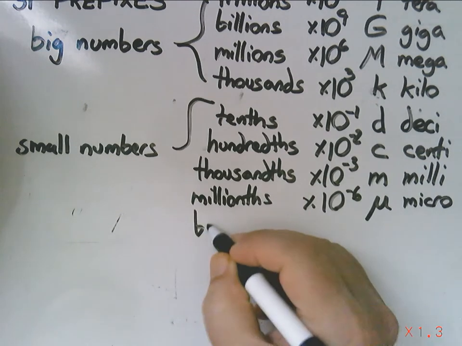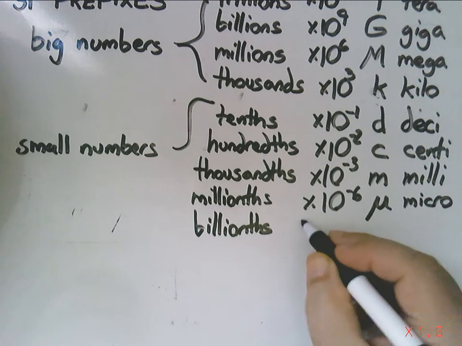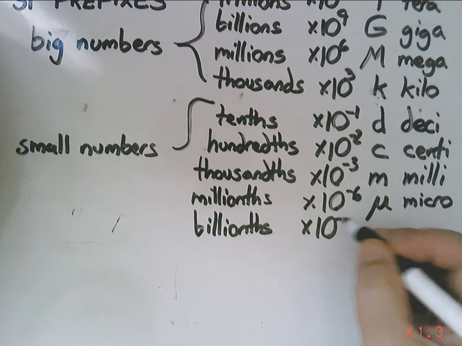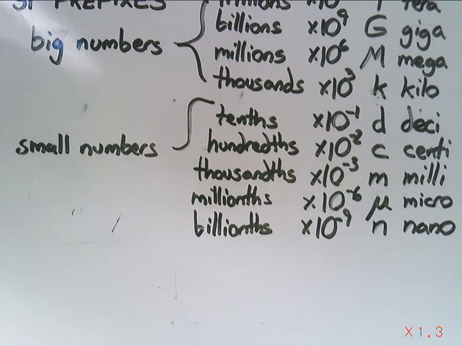Now when we go down to billionths, that's times 10 to the minus 9. And that's nano, lowercase n. So when we're talking about virus sizes, they tend to be a few nanometers across. Coronavirus is like 140 nanometers across.